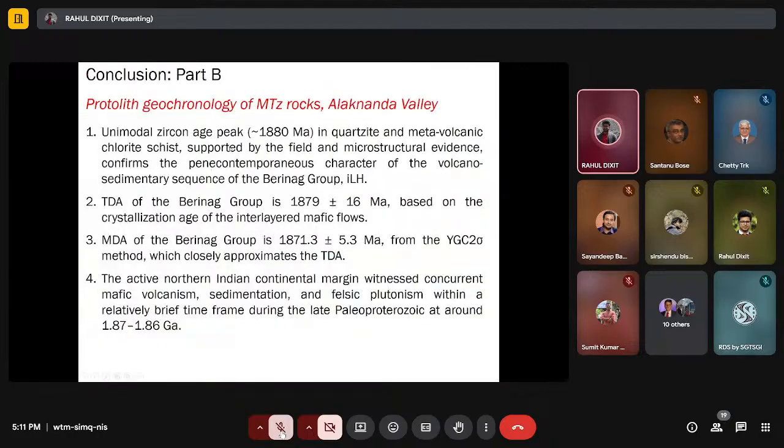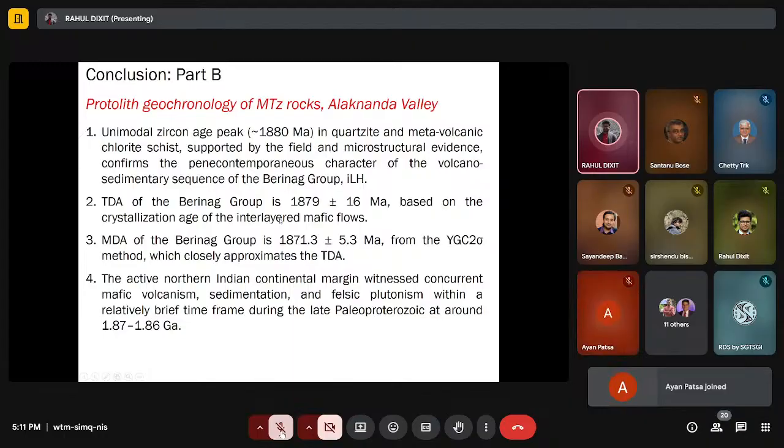Based on that, we can say that the unimodal zircon age peak in quartzite and metavolcanic chlorite schist, supported by the field and microstructural evidence, confirms the penecontemporaneous character of the volcanosedimentary sequence of the Berinag group. The true depositional age of the Berinag group is 1879 ± 16 Ma, based on the crystallization age of the penecontemporaneous mafic flows.